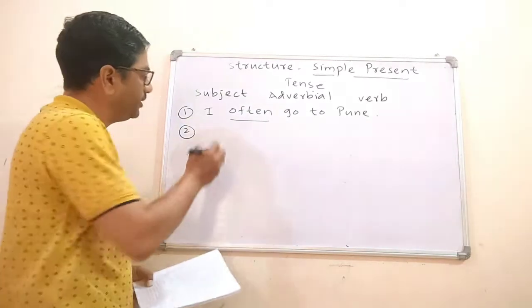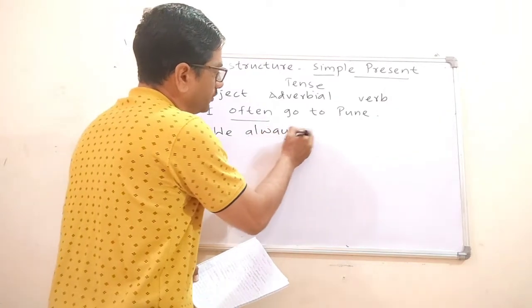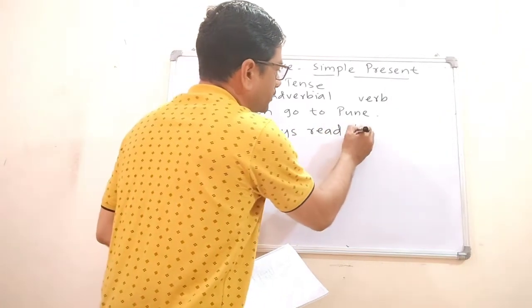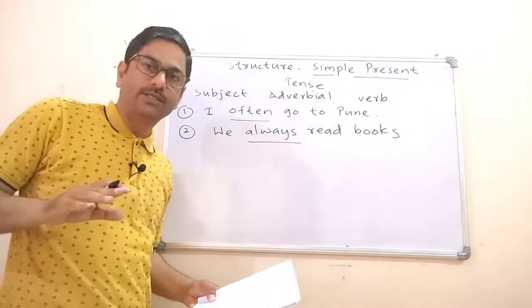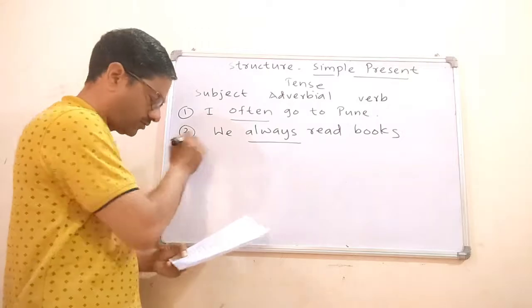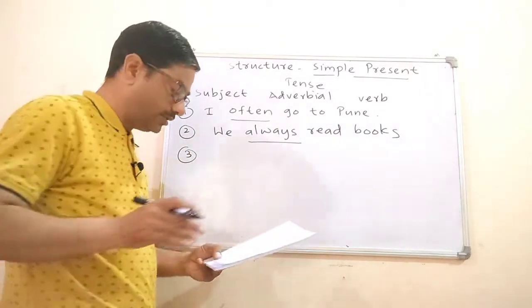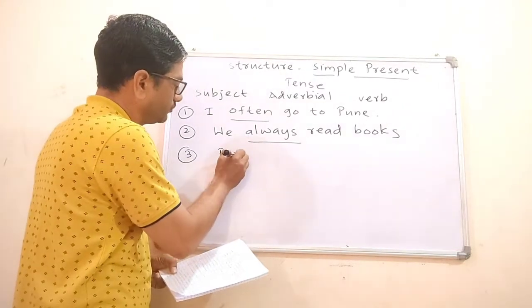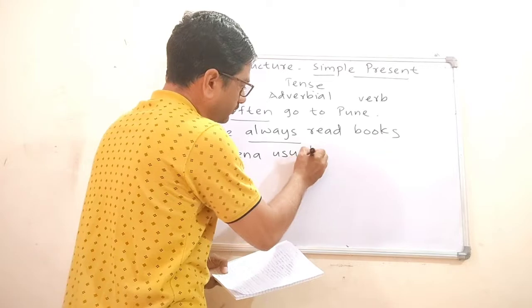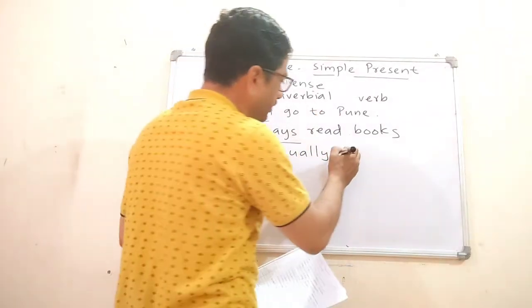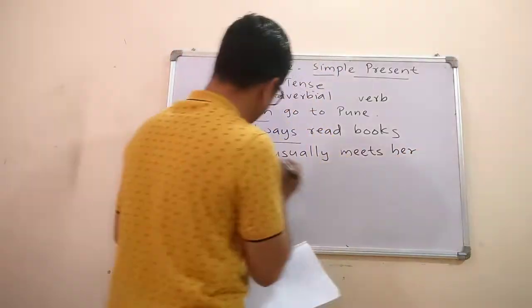We always read books. So in this sentence, always, this adverbial is used. Reena usually meets her friend.